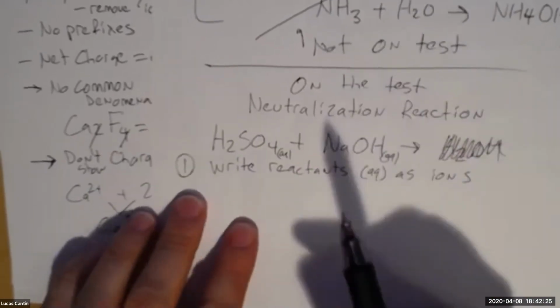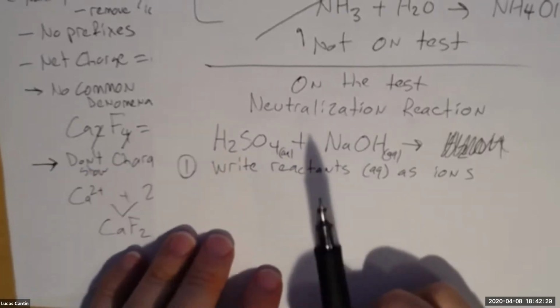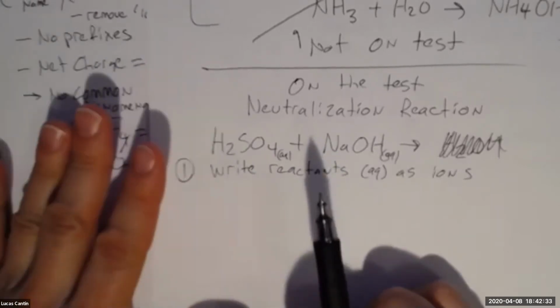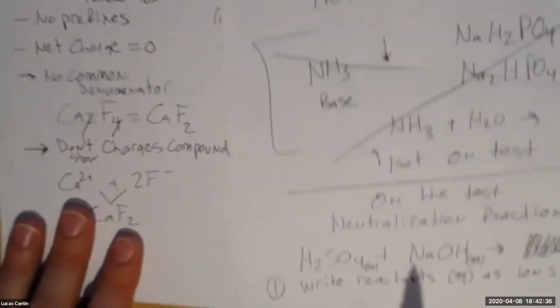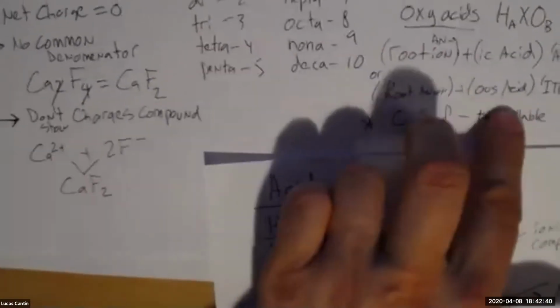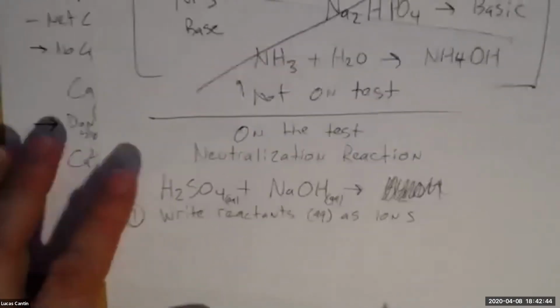So let's write the ions. What are the ions here from H2SO4? We just did something like that in the naming. Notice this goes together: the naming skill involves breaking apart ions, whether it's an acid or an ionic compound, so that practice helps with this.